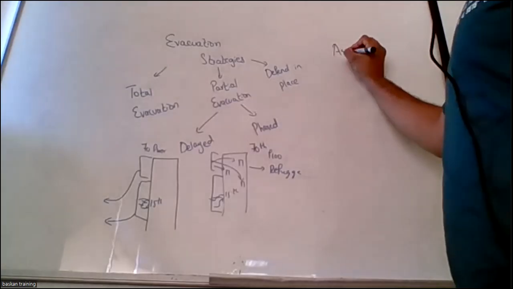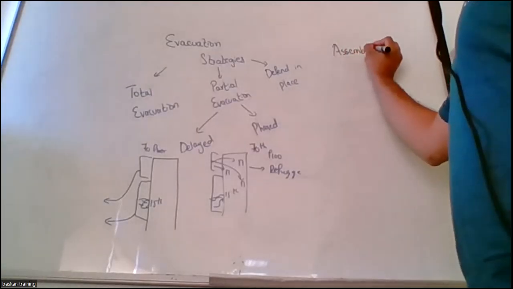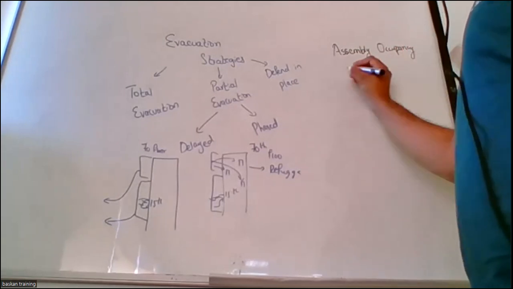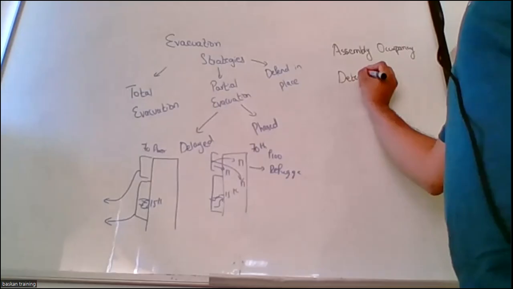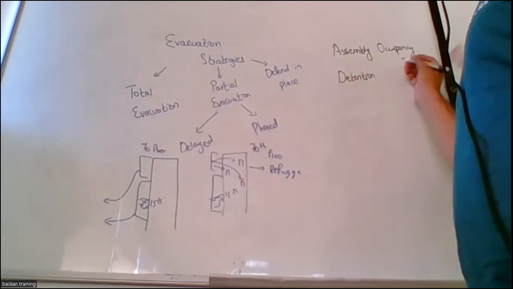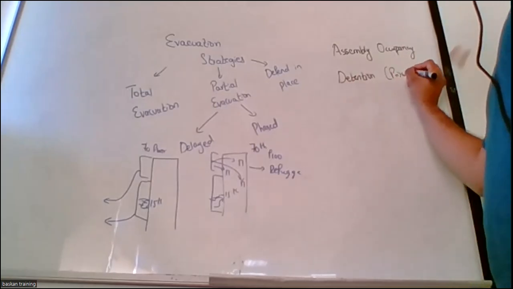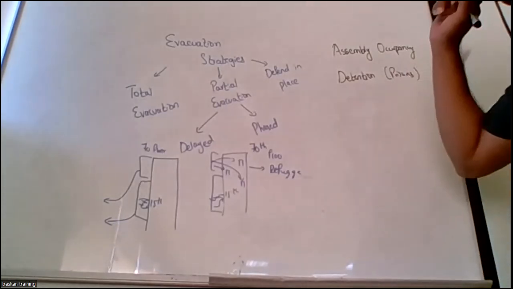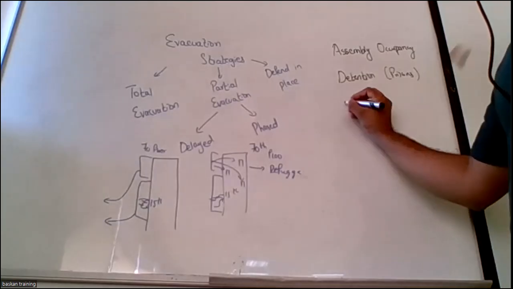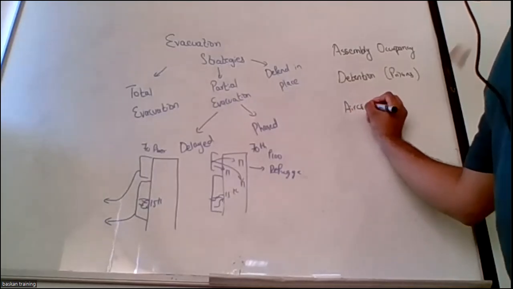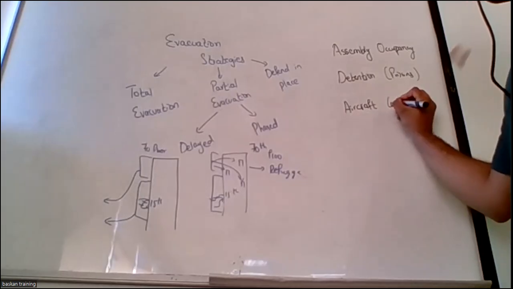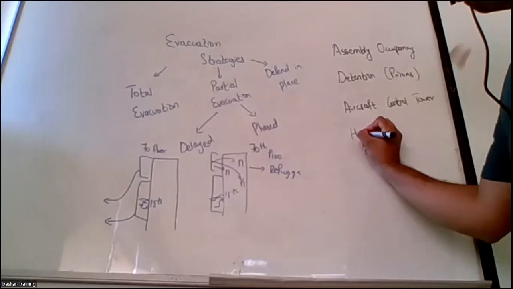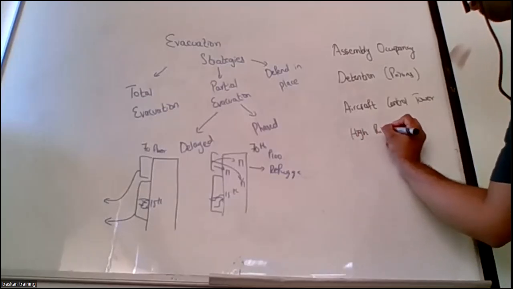let's mention some of the occupancies. We have assembly occupancy, detention and correctional facilities, like prisons, then let's say we have aircraft control tower, high-rise buildings.